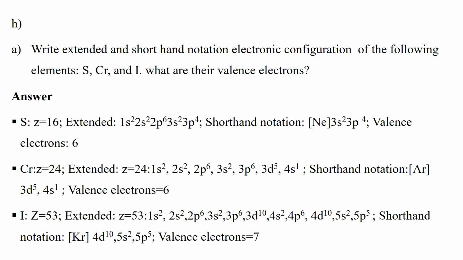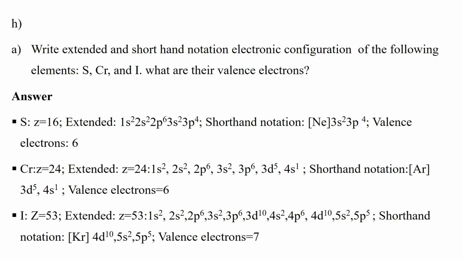Then for chromium, this is the extended, we have also the shorthand notation. Then the valence electrons for chromium, we count the electrons in d and in s. In that case, you have 5 plus 1, you have 6 valence electrons. Remember, when you are filling d, the d and s shells count as valence electrons. For iodine, we have extended and shorthand notation.